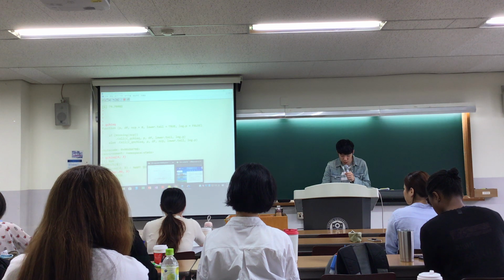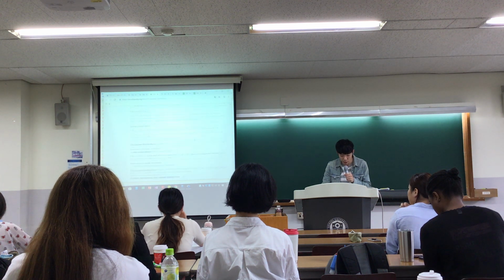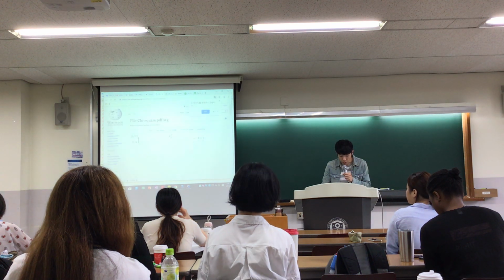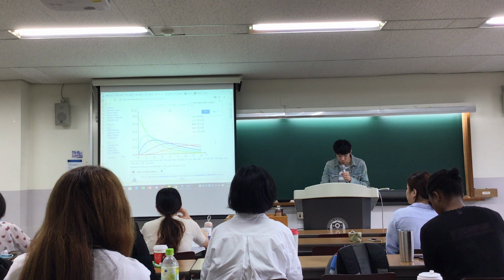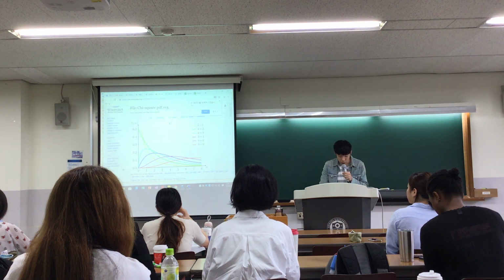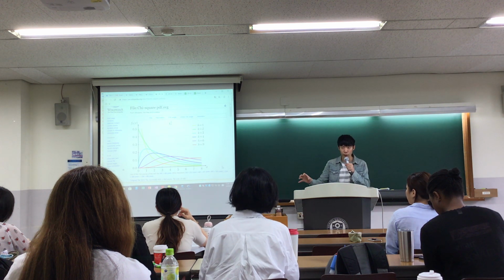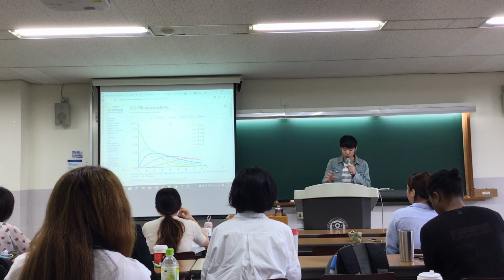If I draw a chi-square variable, actually I won't draw it, I'll show you pictures of chi-square variables. They look like this. So depending on the degree of freedom, the chi-square variable moves. It moves to the right, which makes sense because as we add more and more random variables, the mean is going to shift up, right?